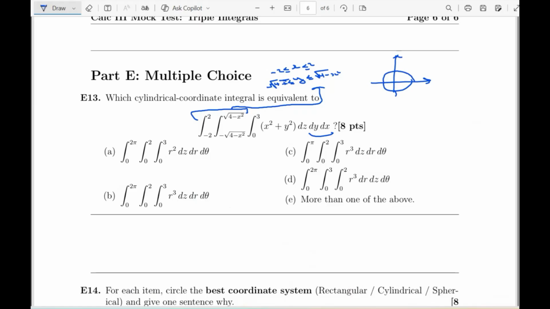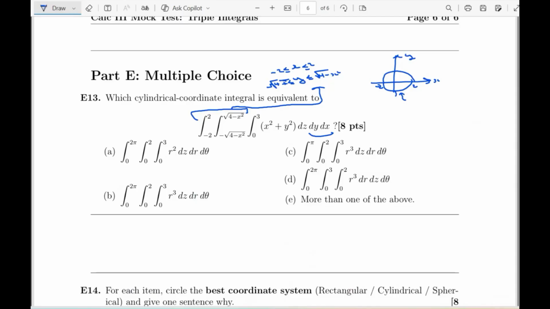And it's the full circle, because as we go parallel to the y-axis, we enter at minus the square root of 4 minus x squared and exit at the square root of 4 minus x squared, and x ranges all the way between -2 and 2. So this is the full circle.